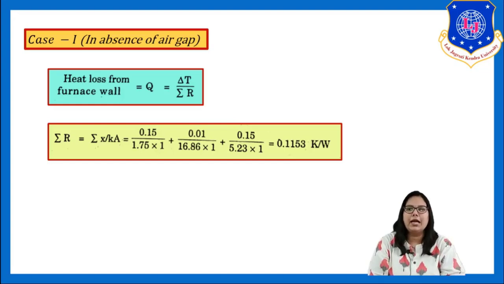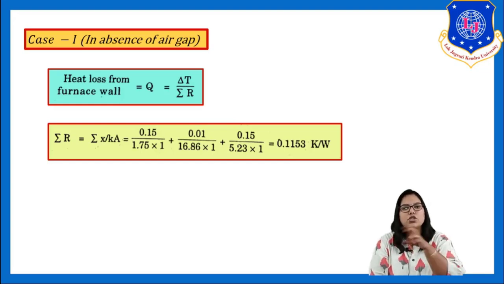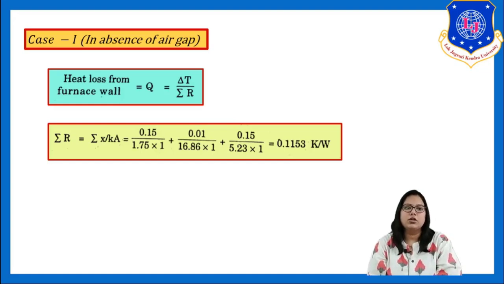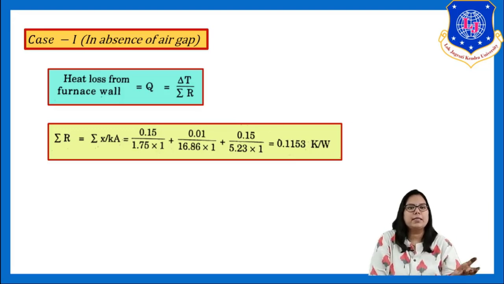Summation R is equal to summation of x by kA for all three materials: 0.15 upon 1.75 into 1 plus 0.01 upon 16.86 into 1 plus 0.50 upon 5.23 into 1. When you solve this equation, you will get summation R equal to 0.1153 Kelvin per watt.